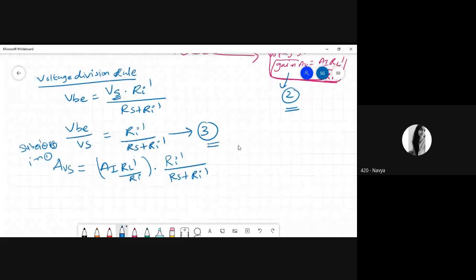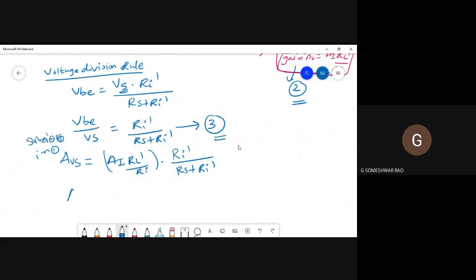Yes, sir. Okay. Now the overall voltage gain, let me write it once. AVS is equal to AI into RL dash into RI dash by RI plus... Is anything going to be cancelled here?